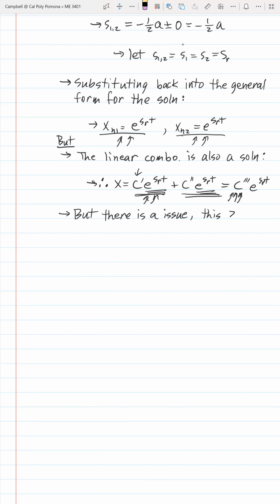So that means that there is an issue. This is just capturing that a second order system will have, or I should say possibly will have, but generally will have, two initial conditions.